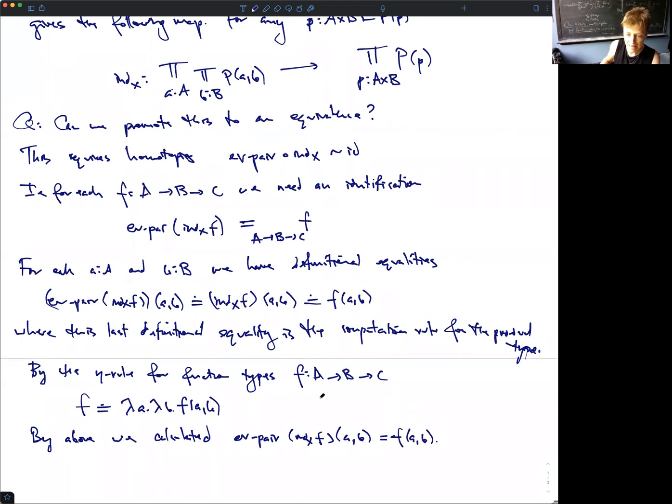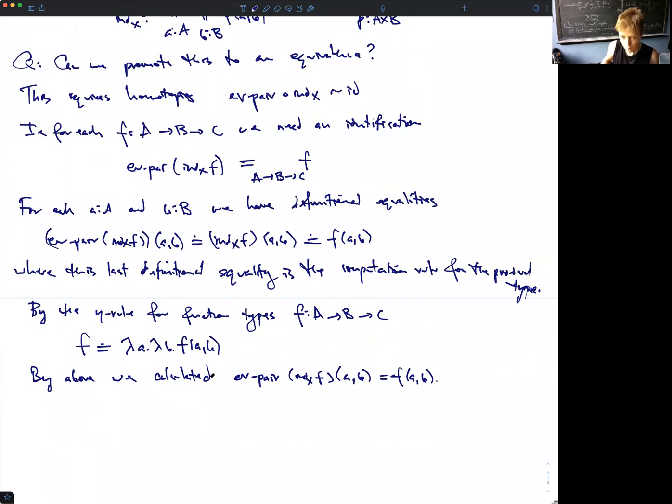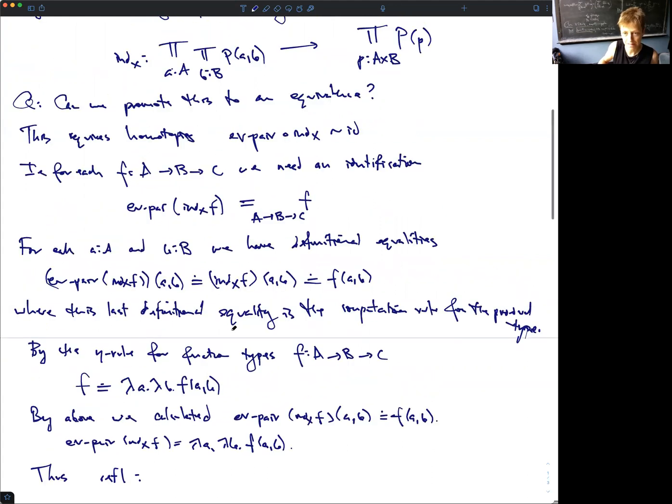So again, by this eta rule, we have that ev pair of ind times f is equal to lambda a lambda b f a b. And therefore, we can use refl as an inhabitant of the type that we wanted.